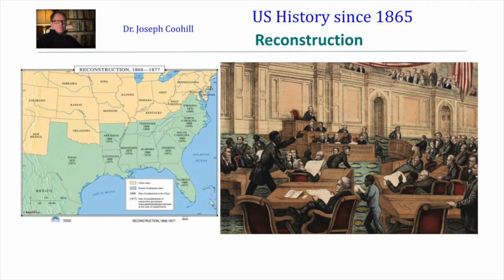backwards after Reconstruction's failure. You see here on this title slide on the left a map which shows the Confederate states and also their readmission. If you zoom in closely, you can see the date underneath the state name is their readmission into the Union. Underneath that, in parentheses, is the date at which what was then called a conservative government was reestablished in those states.